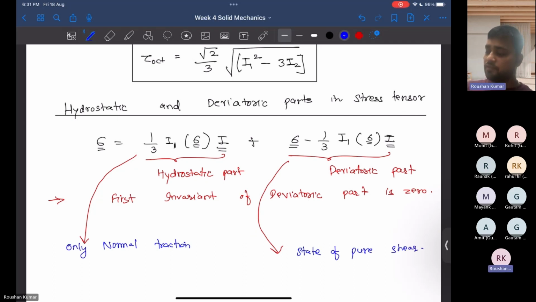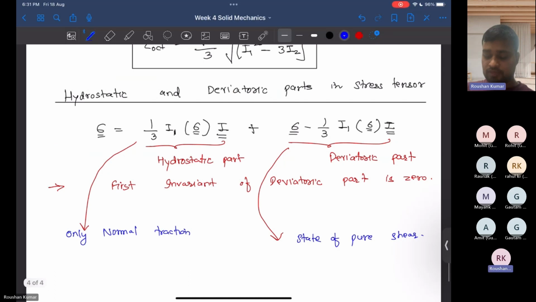So the deviatoric part is also known as state of pure shear, and the hydrostatic part is also known as the normal, or we say only normal traction state, meaning state of normal stress.